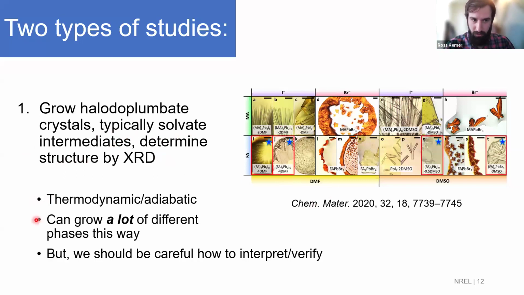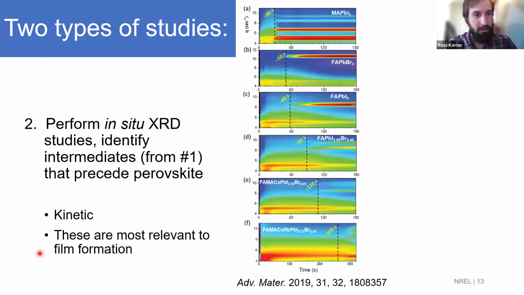You can grow a ton of different phases this way, but we really need to be careful how to interpret the relevance of these. And we really need to verify with in situ studies that they're relevant for our process. And that's where the second type of study comes in, where you actually do the in situ GIWAXS or XRD during the film formation.